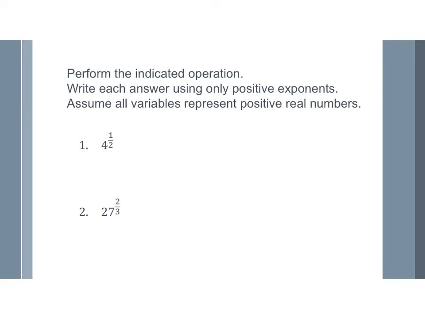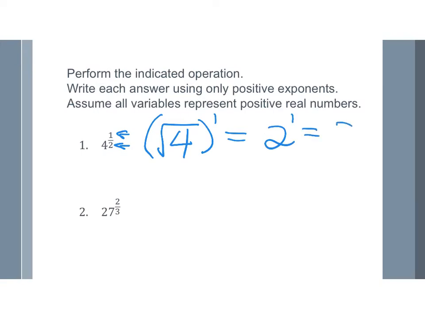So I'm going to be giving you questions with a rational exponent, and I'm going to ask you to simplify these. So again, the bottom number is the root, the top number is the exponent. So I'm going to turn this into a square root, and then I'm going to raise the answer to the first power. So the square root of 4 is 2. Raised to the first power is just 2.